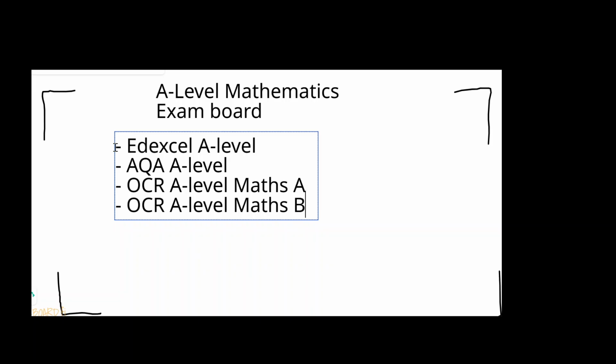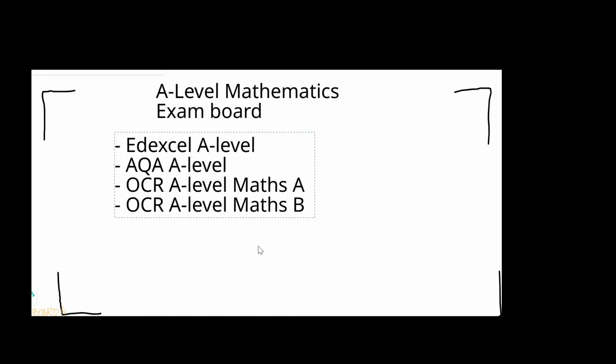I'll probably discuss more about Math A and Math B for OCR in a different video. But anyways, these are the four major exam boards you would find for A level mathematics.